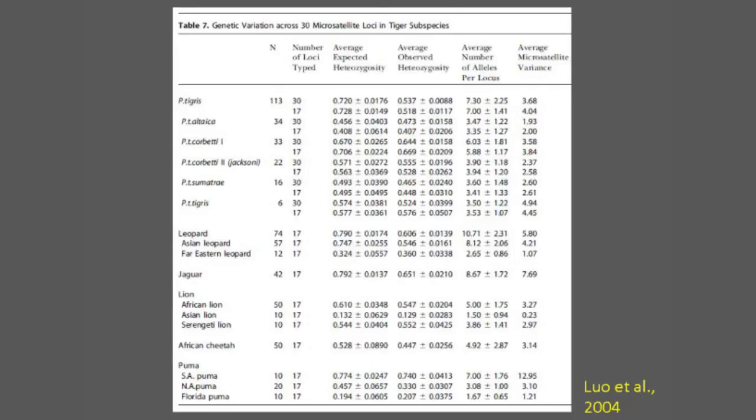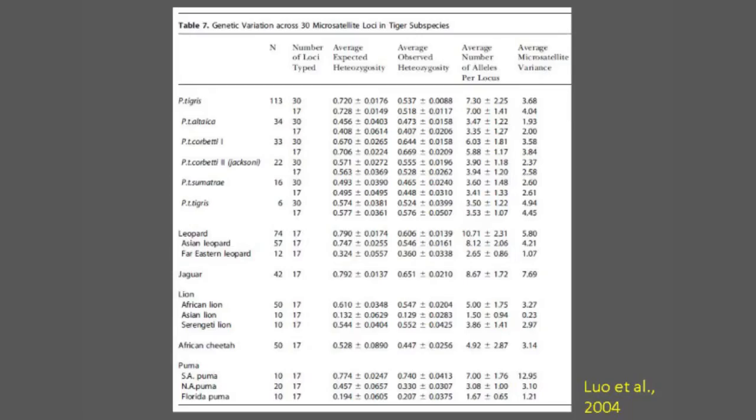And based on that information, you can get an insight into diversity on a population level or on a subspecies level. So interestingly enough, if you take a closer look at the table, the bottom row is the Florida puma, and you see that the numbers for this individual are really, really low.